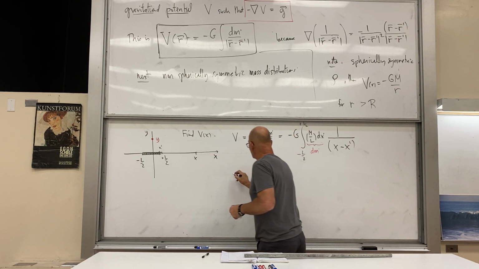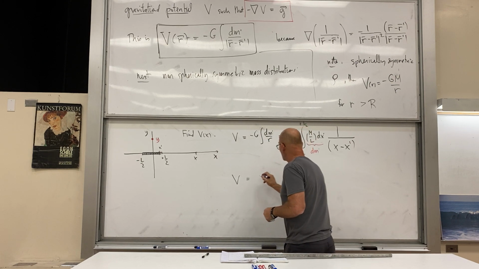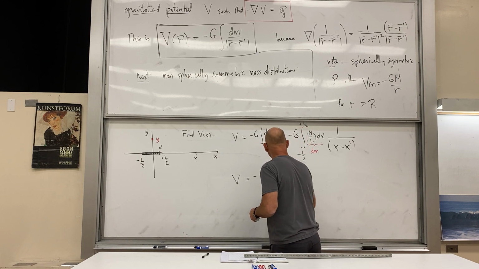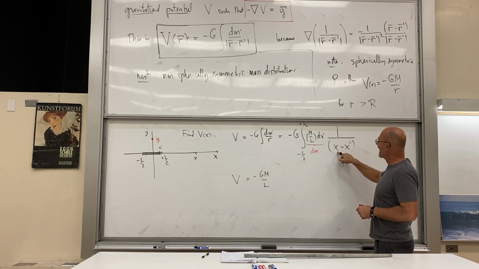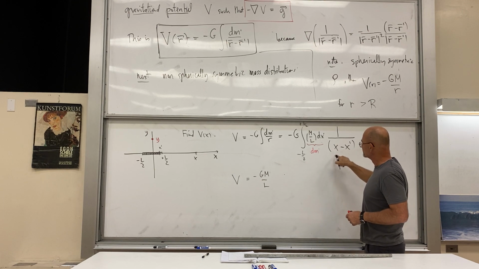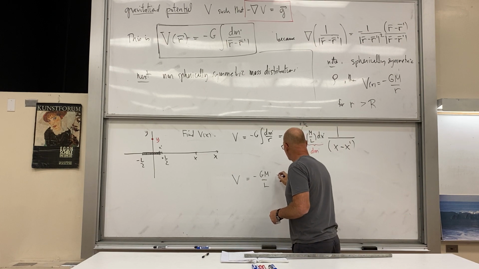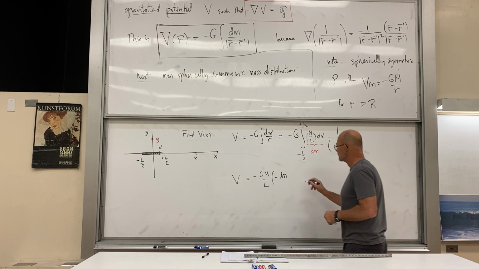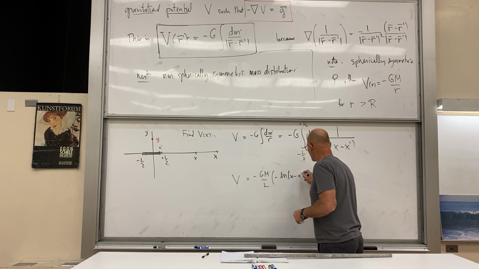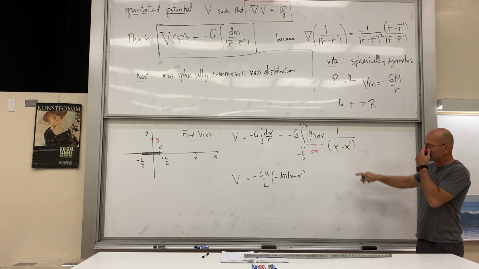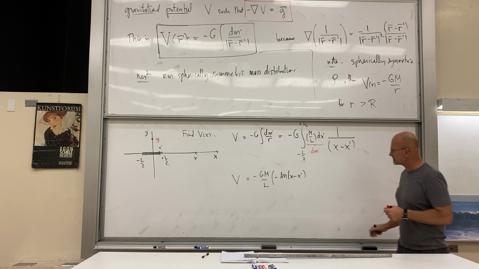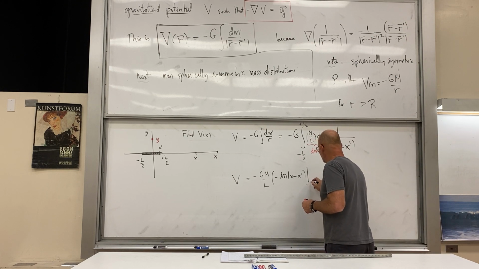Okay, so let's go ahead and do this. V equals minus gm divided by L. So now we have an integral dx prime over x minus x prime. So that gives us a negative natural log of x minus x prime. All right, we're integrating with respect to the x prime, evaluated from negative L over 2 to plus L over 2.